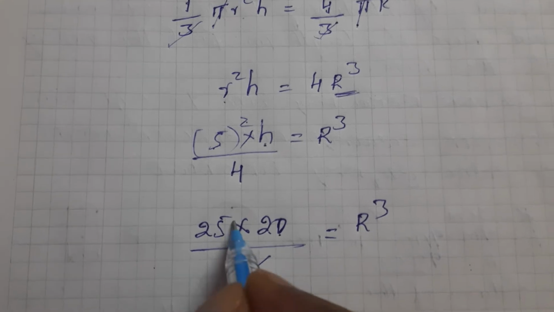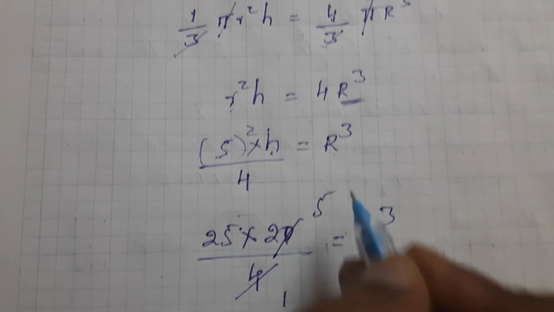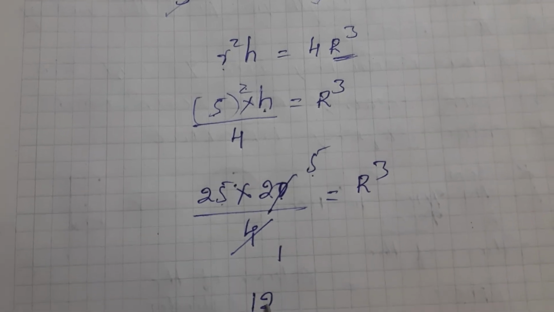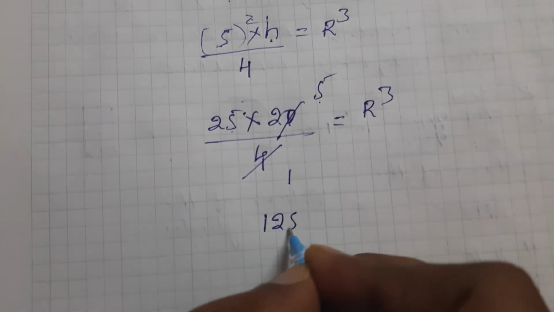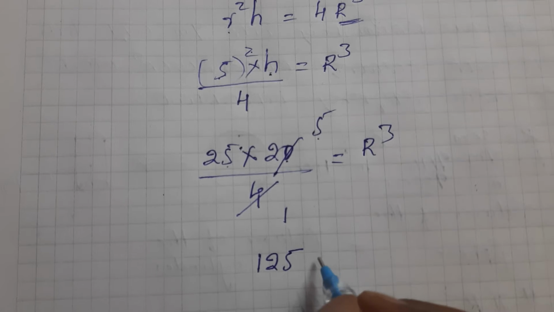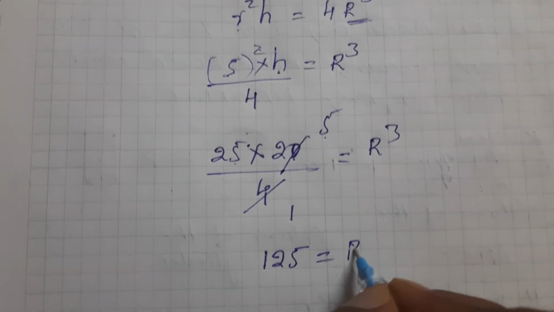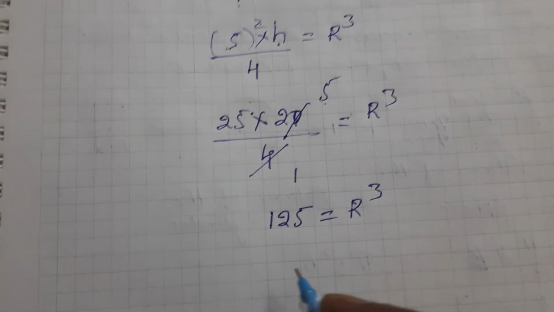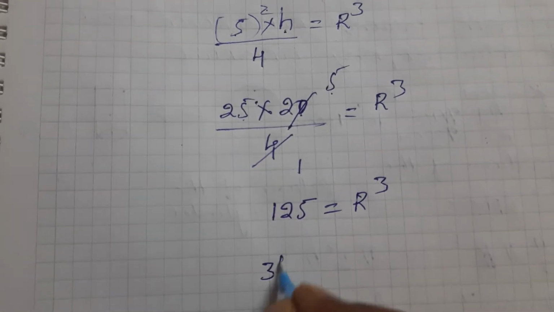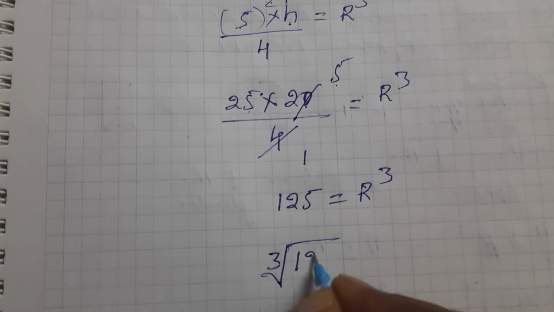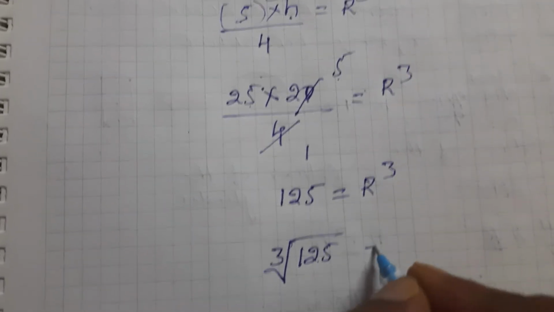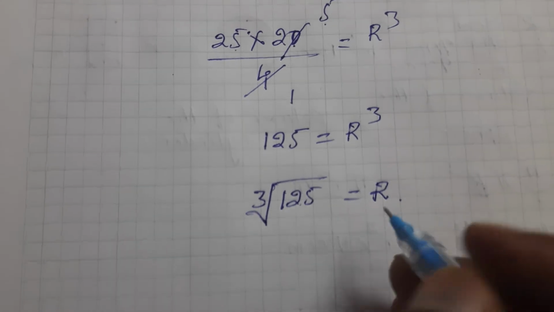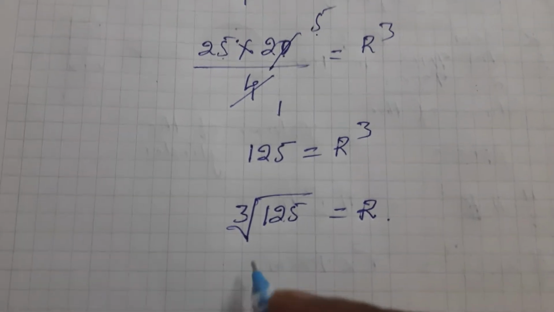4 ones 4, 4 fives 20, that is 25 fives 125, that is r cube. Okay, send this cube to the left hand side, it will become cube root of 125 is equal to r. What is the cube root of 125?